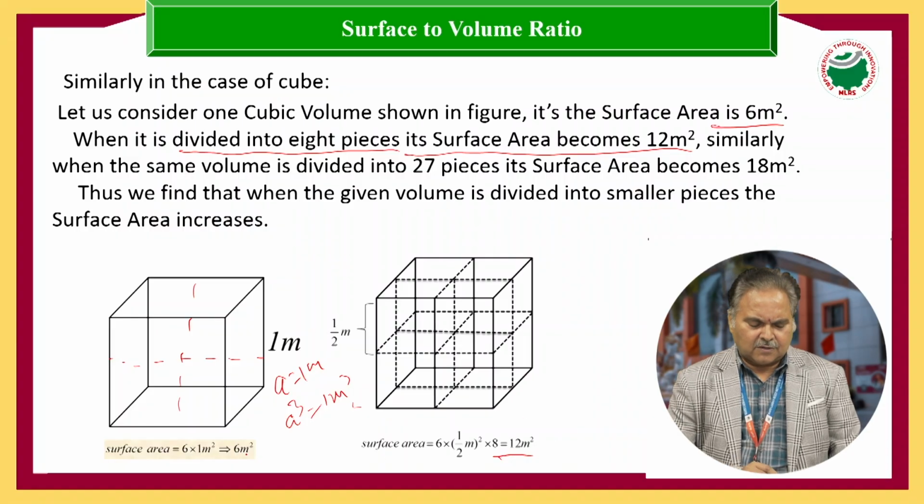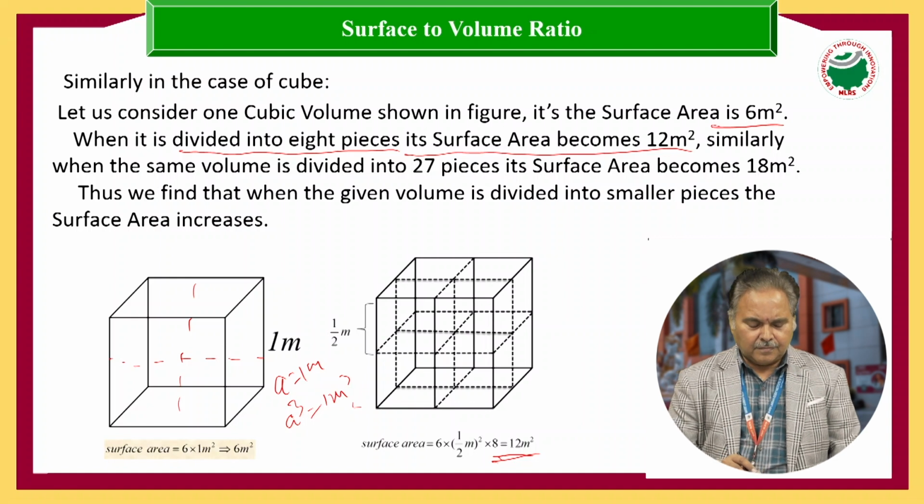So if a big size is converted into smaller size, half, then the surface area becomes twice, 6 m square to 12 m square. The volume will be the same, but the surface area increases when the size is reduced.